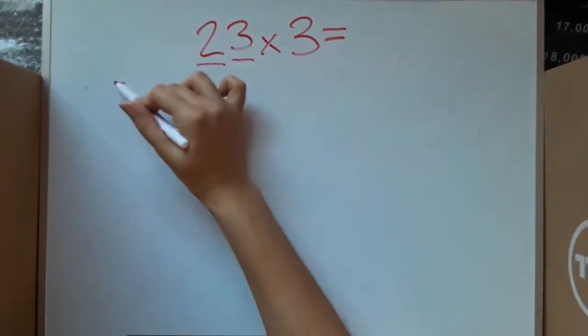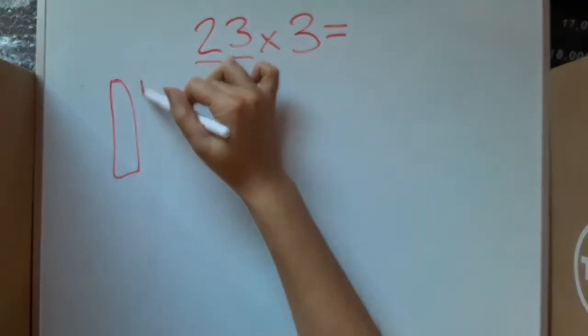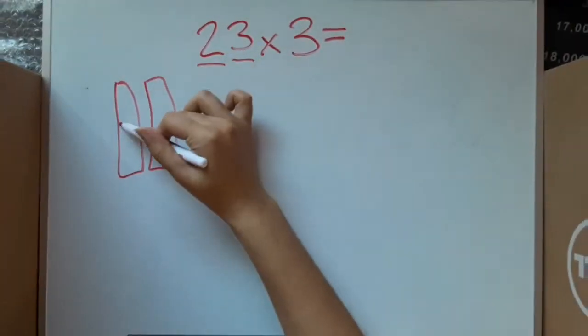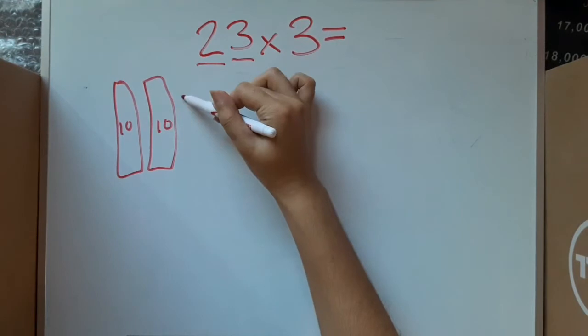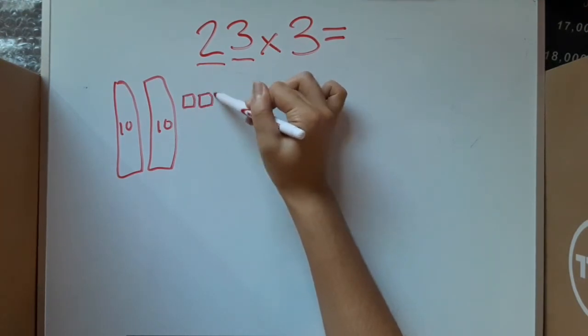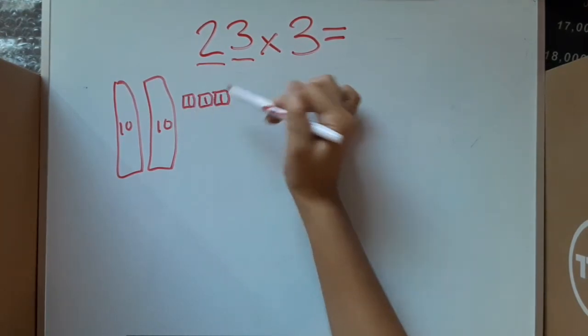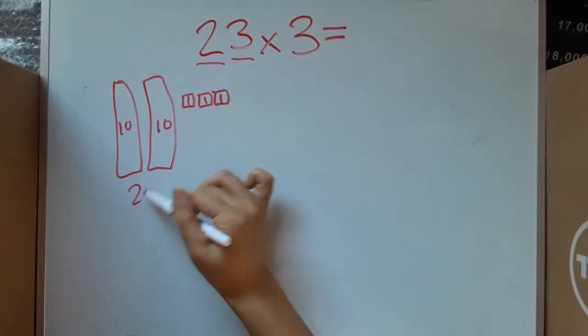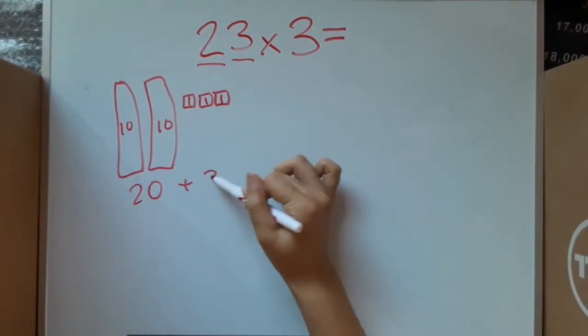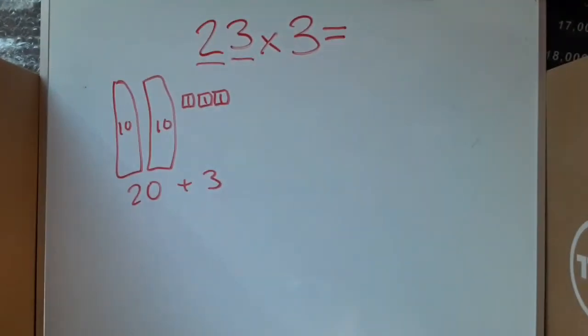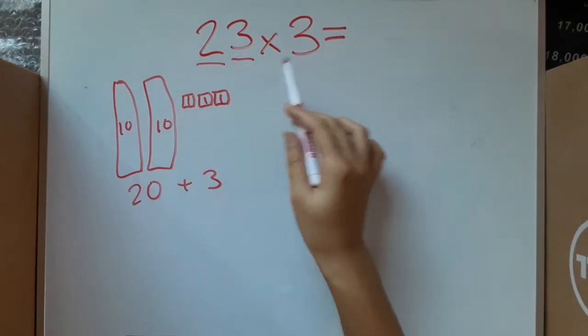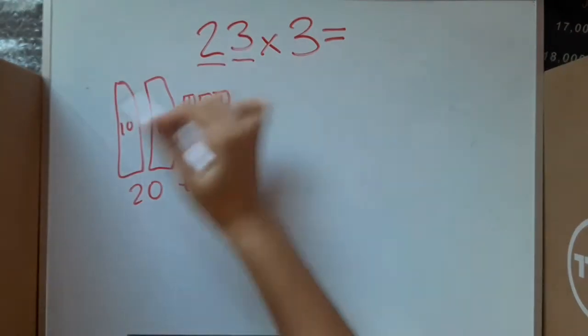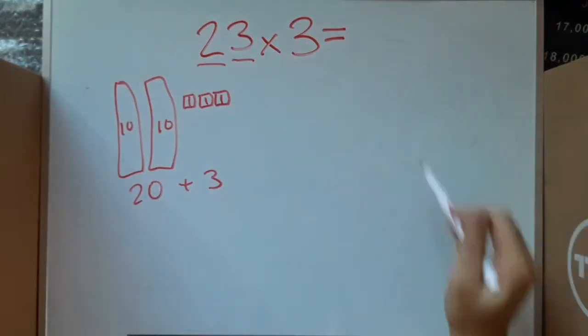So that's 20 plus 3. And since we're multiplying by 3, we have this 3 times.